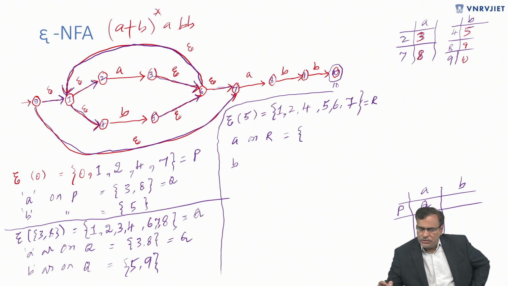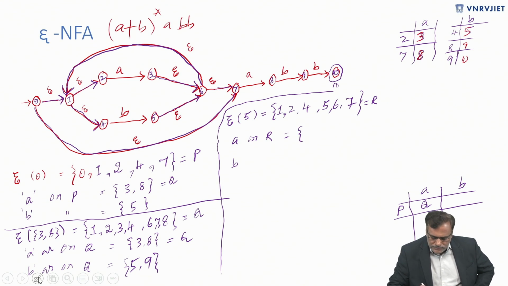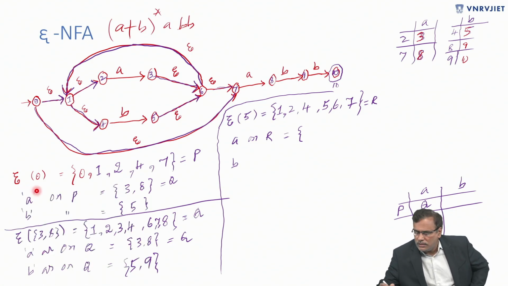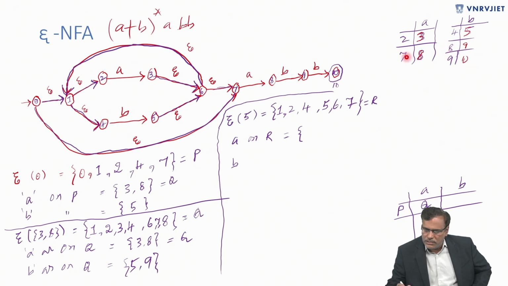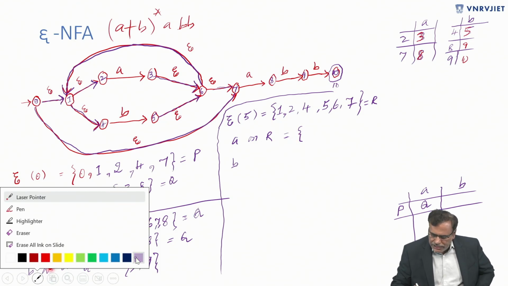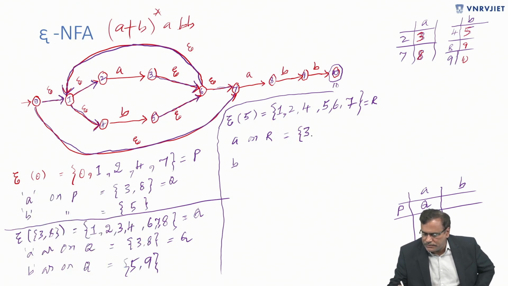So, you know A as input, what states they have? 2 and 7, right? So that 2 and 7, are they available in this R? Both are available. So from 2 and 7, where you can go? You can go to 3, 8. Therefore, A as input on R becomes 3, 8. Is that clear? 3, 8.